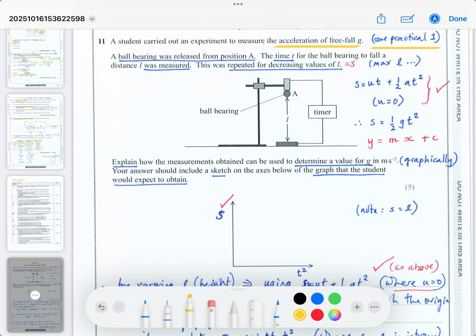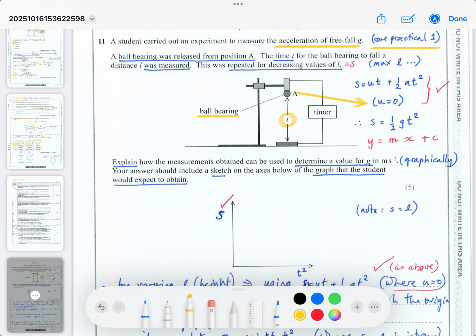A ball bearing is held by some mechanism, and it's released from position A. So obviously at A, the starting velocity will be 0. The time for the ball bearing to fall a distance L, that's the independent variable, is measured.